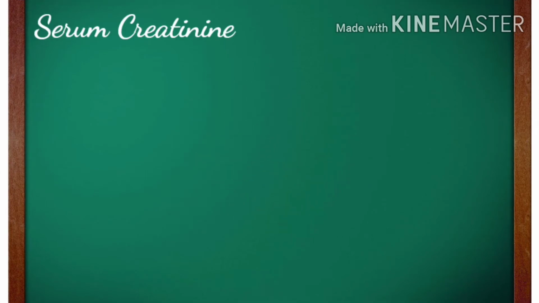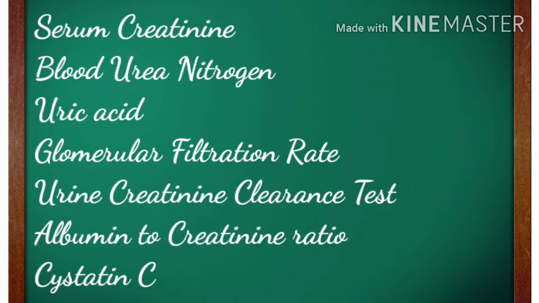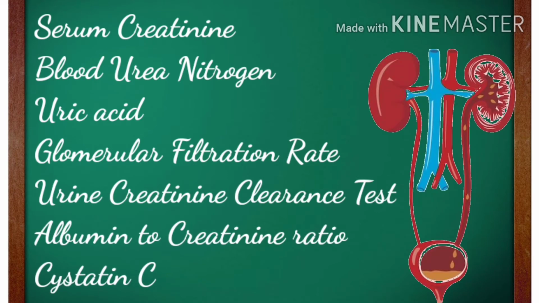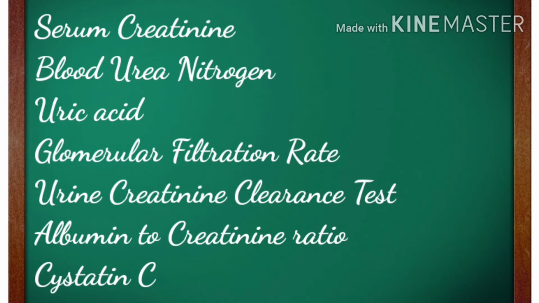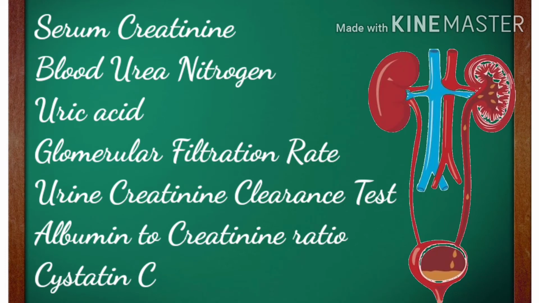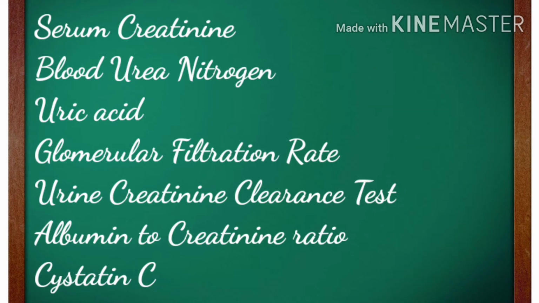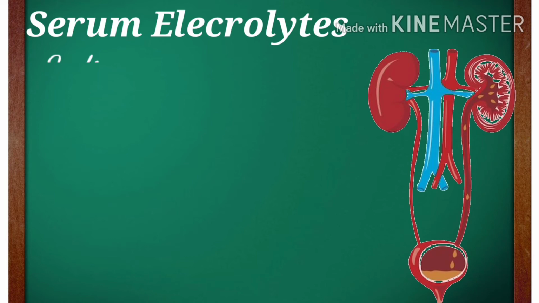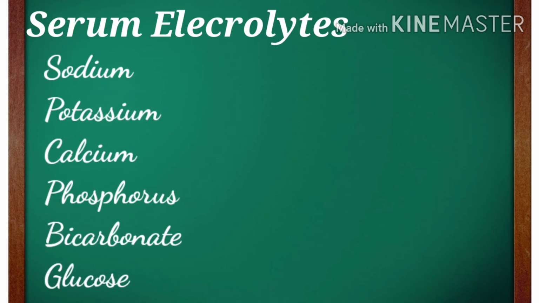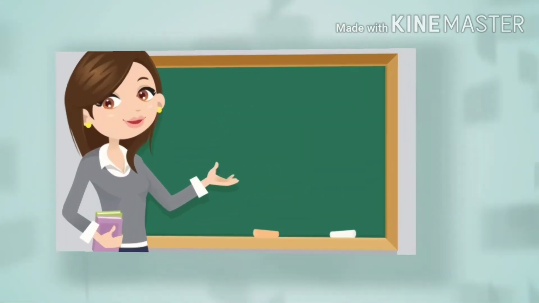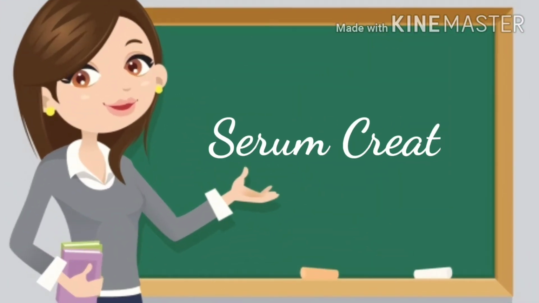Serum creatinine, blood urea nitrogen, uric acid, glomerular filtration rate, urine creatinine clearance test, albumin to creatinine ratio, cystatin C, and electrolytes like sodium, potassium, phosphorus, calcium, glucose and bicarbonates. First we'll go with the serum creatinine.